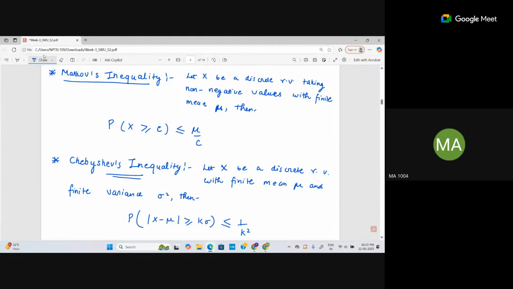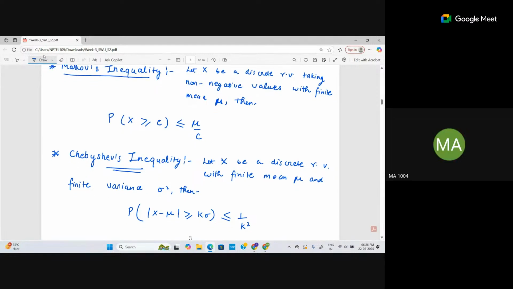Remember the mean formula when we have frequency associated with the values: we multiply x into f(x) and take the summation. Here also we are doing the same thing, x into the probability. The frequency is like the probability here.